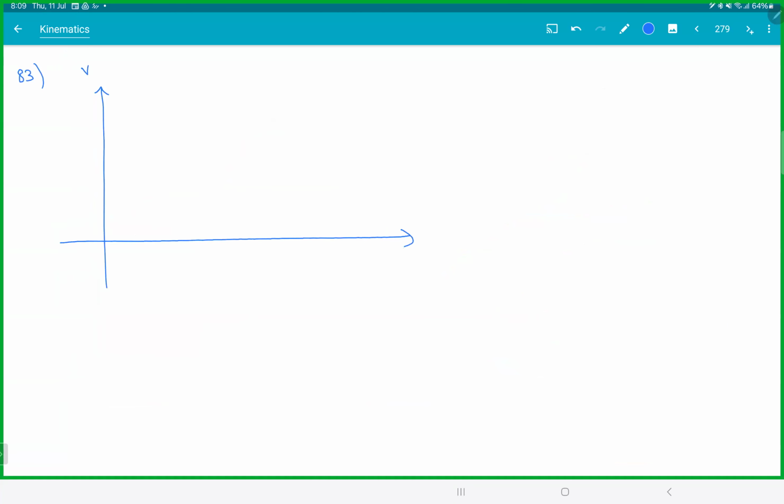We have a VT graph. This is 10 meters per second. This is 10 seconds.